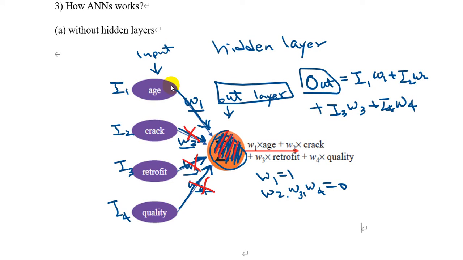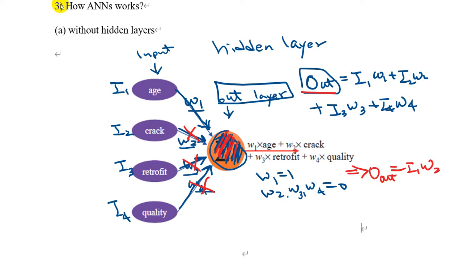We don't have these influences. So all the influence of I1 on the output parameter exists, and the output parameter is just I1 times W1.